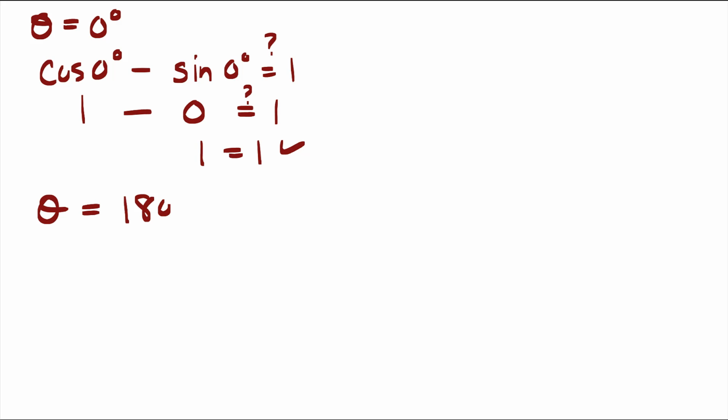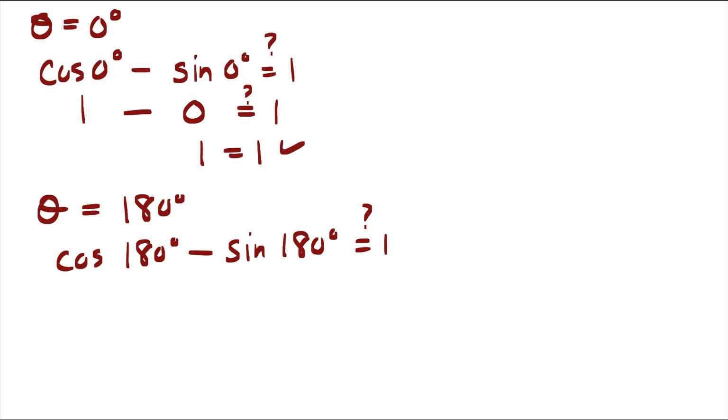Theta equal to 180 degrees: cosine of 180 degrees minus sine of 180 degrees is equal to 1? We're going to find out. Cosine of 180 degrees is -1, and that is not going to happen. So we put a slash through the equal sign. That does not work at all.